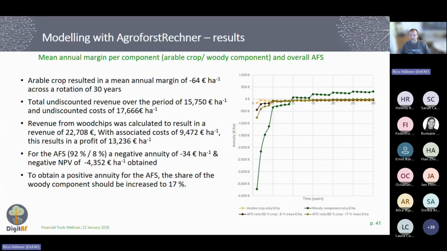So over the years, we could thus accumulate a revenue of 15,700 euros per hectare, and this was calculated with the current ratio.